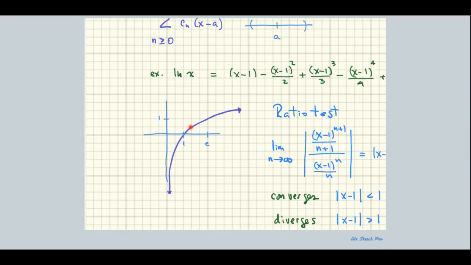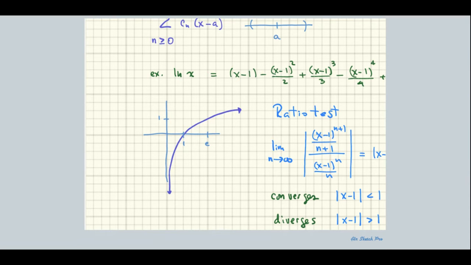On the other side of 1, it increases slower and slower. Depending upon the base, it will cross the y equals 1 line at the value of the base, and for the natural log, that base is e.